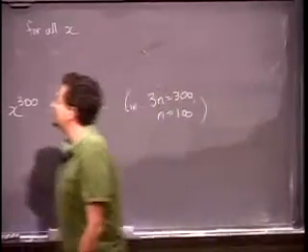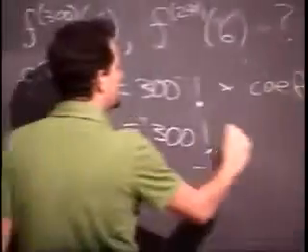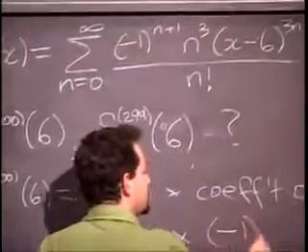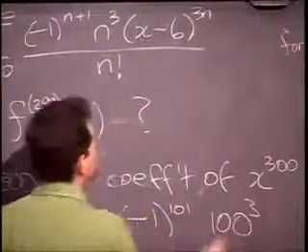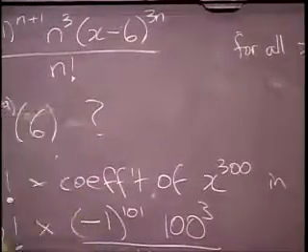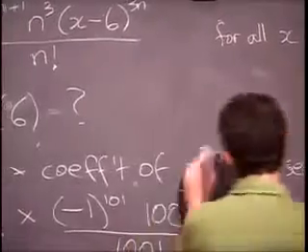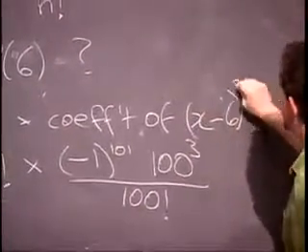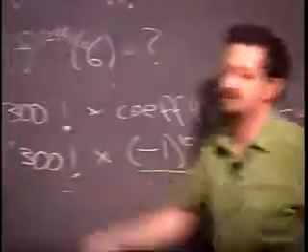Well, if I plug in n equals 100, I still got the 300 factorial, of course, but for n equals 100, I get minus 1 to the 101 times 100 cubed over 100 factorial times the x minus 6. Oh, I wrote x to the 300. Of course, it's x minus 6 to the 300, since the 6 is where I'm evaluating the derivatives.